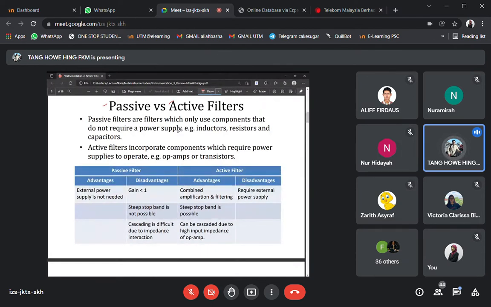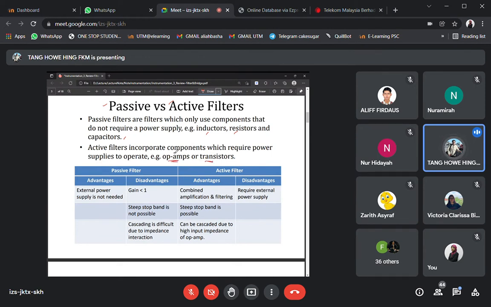This type of passive filter usually uses passive electronic components, for example, inductors, resistors, or capacitors. Active filters, on the other hand, require external power supplies, for example, batteries, in order to power them. For example, this type of active filter uses op amps and transistors.